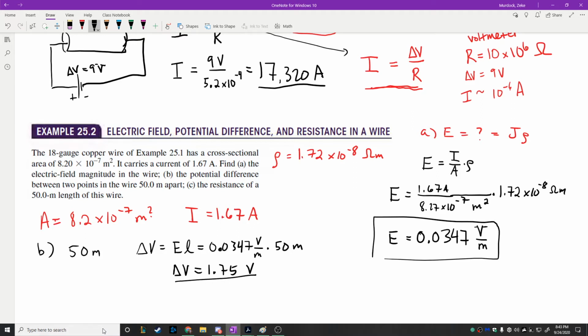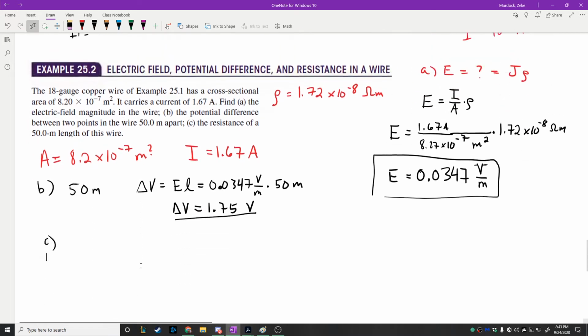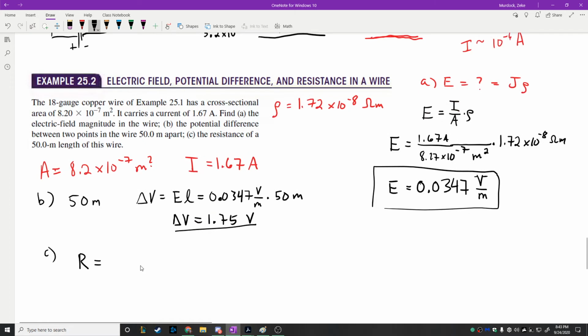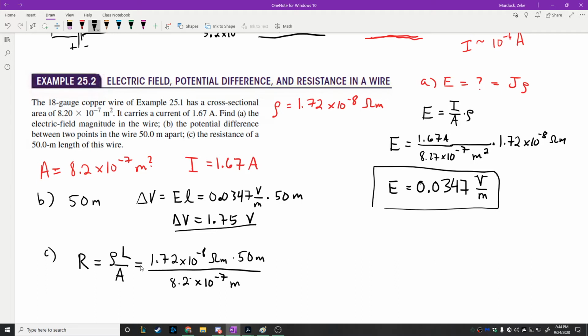And then the resistance of a 50-meter length of this wire. Okay, so part C, if I want to find resistance, we have to do resistance is equal to rho times the length divided by the area. So in this case, that's resistivity, multiplied by length, which is 50 meters, and then divided by area, 8.2 times 10 to the minus 7 meters squared.